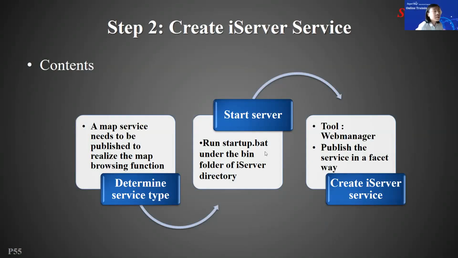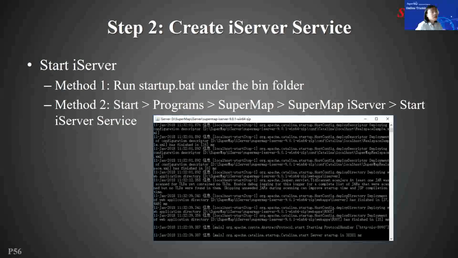Then the next step, we will start the iServer. We will run the startup under the bin folder of the iServer directory, and create the iServer service. So this is the step to create the iServer service. First run the startup.